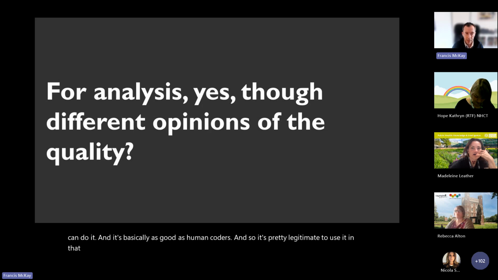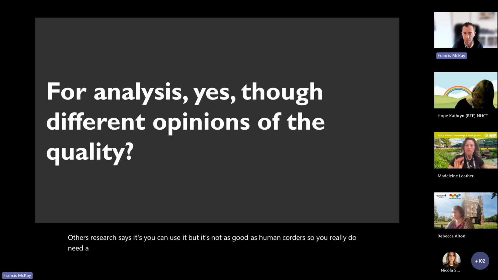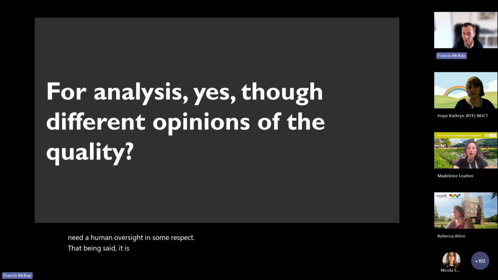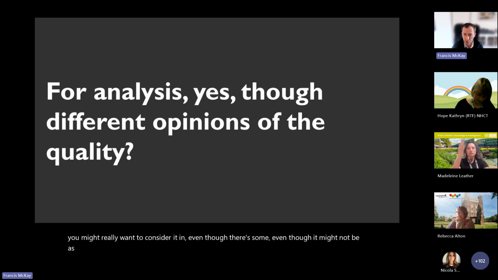Other research says you can use it, but it's not as good as human coders, so you really do need human oversight in some respect. That being said, it is probably quicker, and so there are efficiency gains that you might really want to consider. Even though it might not be as good, the efficiency gains are so good that it's something that we should take seriously.